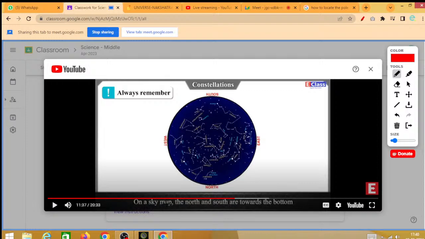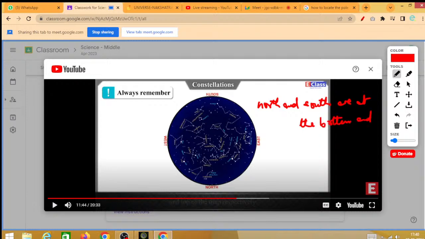Remember that on the sky map, the north and south are towards the bottom and top of the map respectively. Whenever we use this word respectively, just a small English lesson: north and south are at the bottom and top respectively.